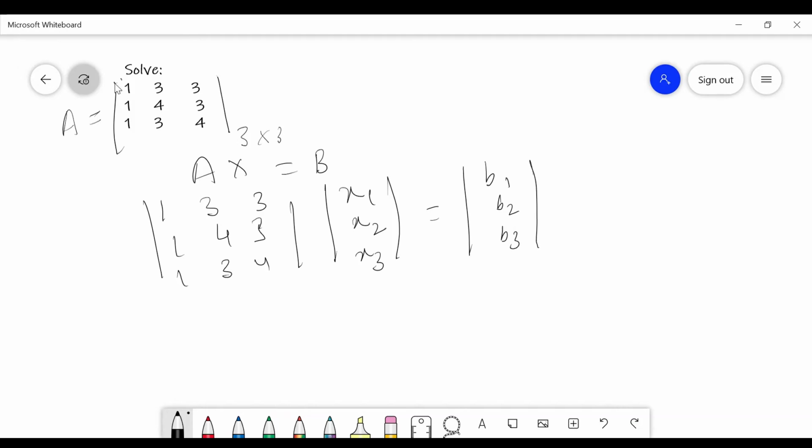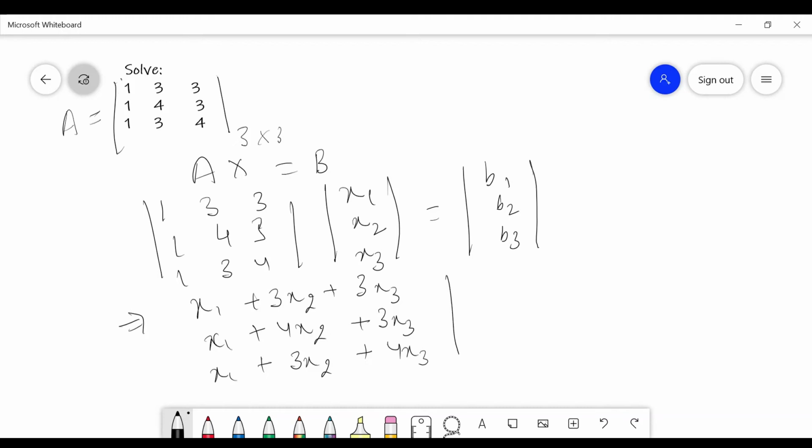Or we can write Ax collectively as x1 plus 3x2 plus 3x3, then x1 plus 4x2 plus 3x3, then x1 plus 3x2 plus 4x3. So this will give me the matrix Ax, and this is equal to B1, B2 and B3.